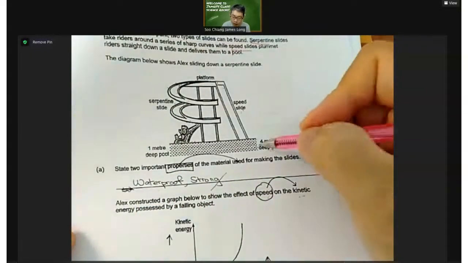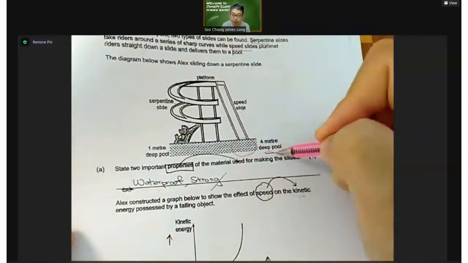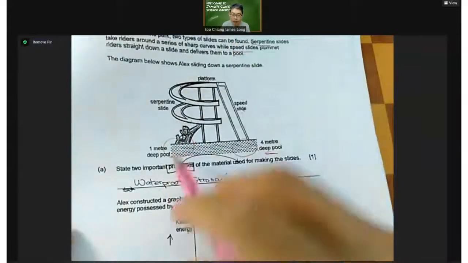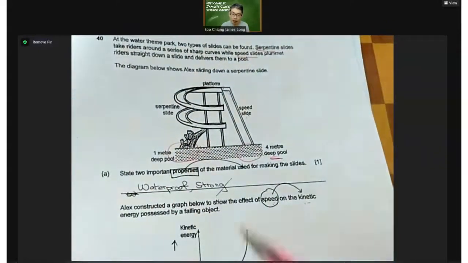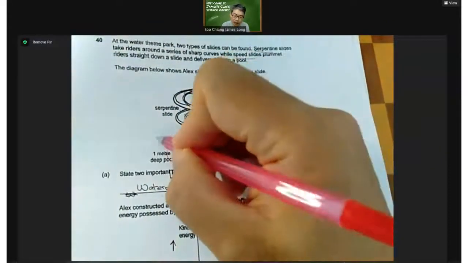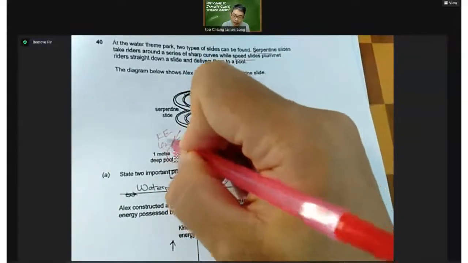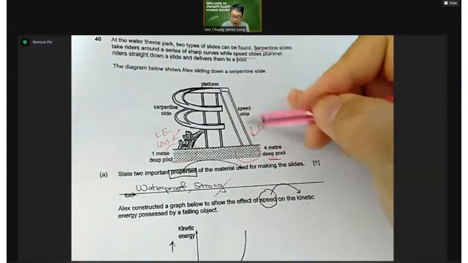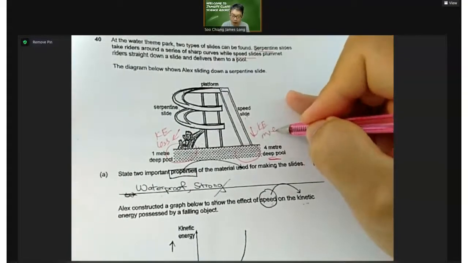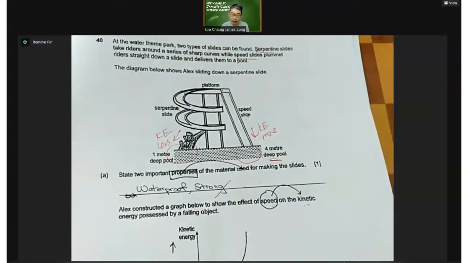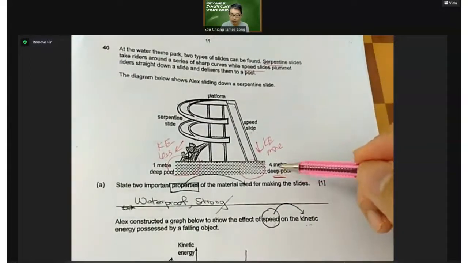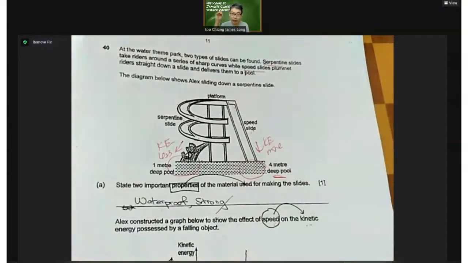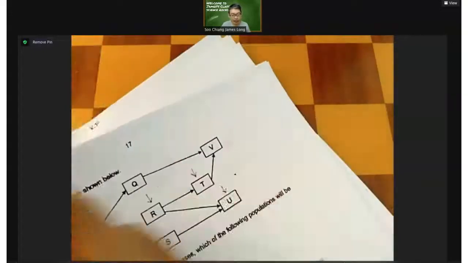Notice this side of the pool is deeper, this side is not so deep. You can already infer that the amount of KE here is less than the amount of KE possessed by the person going down this slide. If it's more, of course you move further. To move further, you need more water, otherwise the person will just slam to the bottom of the pool. And that is not a pretty sight.